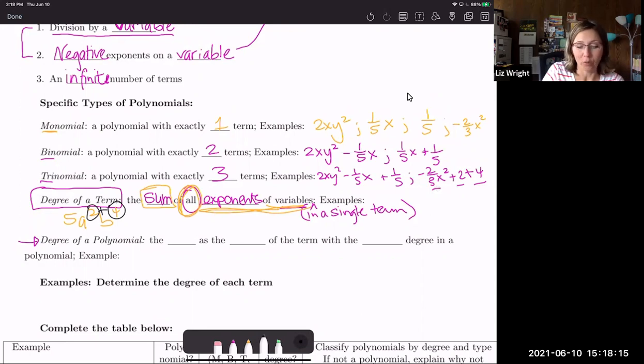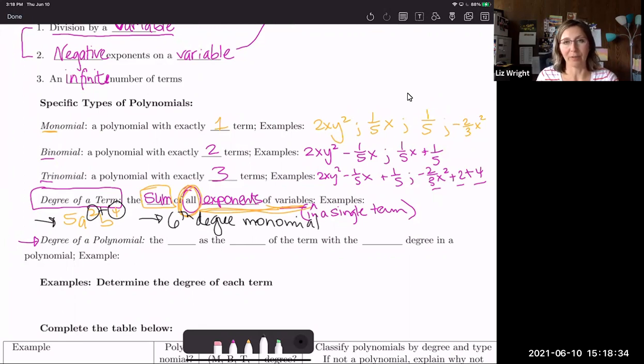We are finding a degree of a monomial. So the degree of this term would be 4, 5, 6. This would be a sixth degree monomial. And again, this is just our kind of skill that we're practicing right here, is us finding out the degree of a term and then we're naming the term. And we're going to do a bunch more practice in that table that I just put an arrow on.